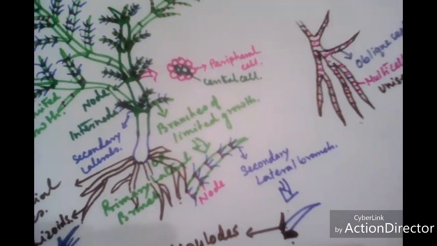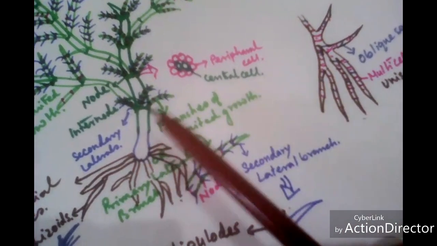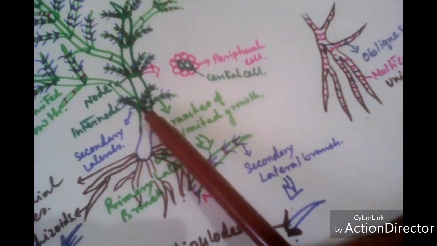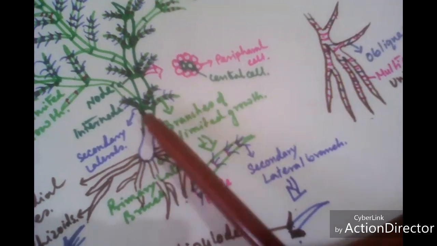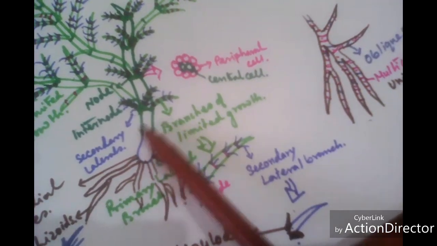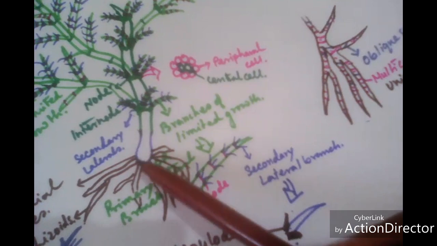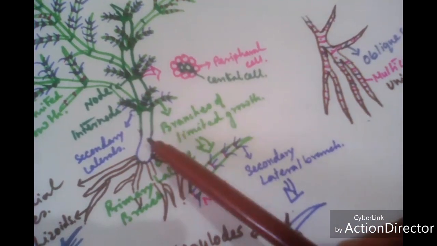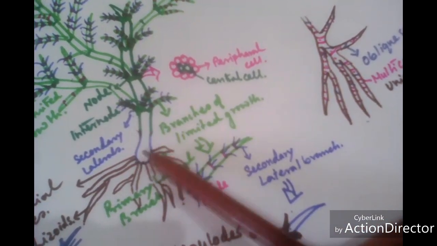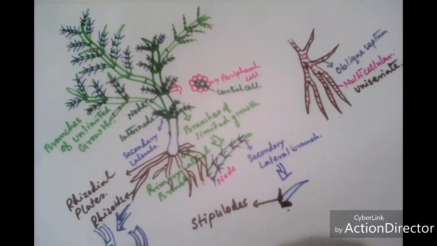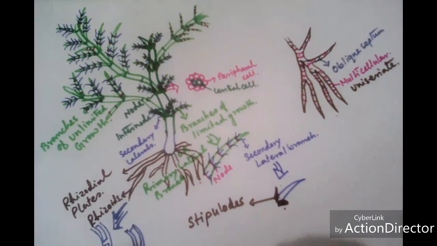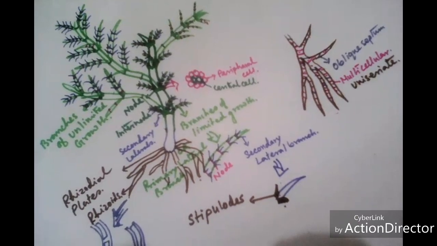So from peripheral cells of lower nodes, rhizoids sometimes arise, or sometimes they arise from these rhizoidal plates. So this is the vegetative structure of Chara.